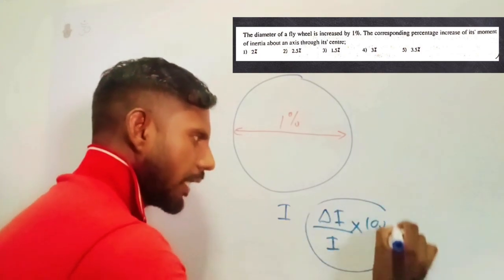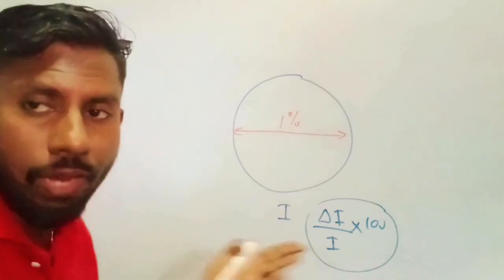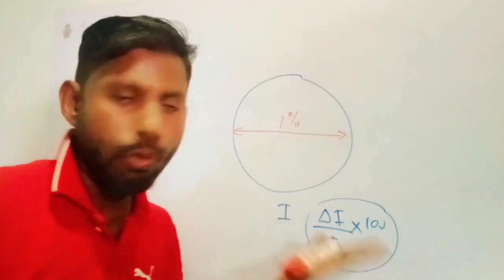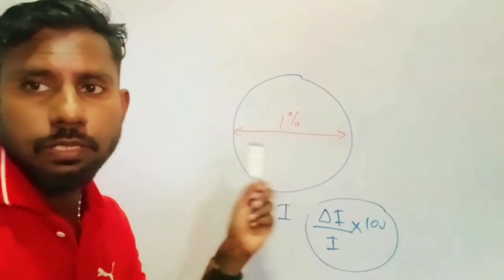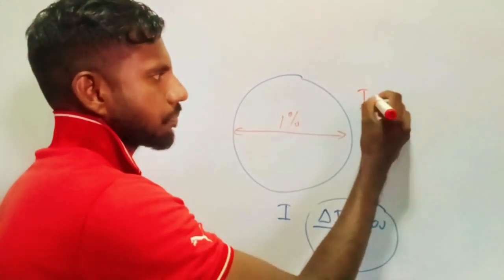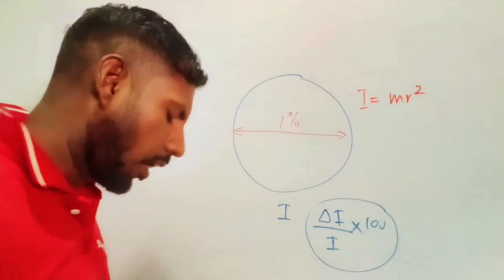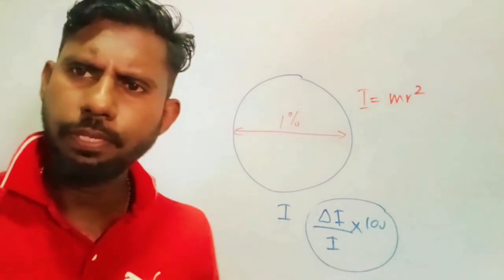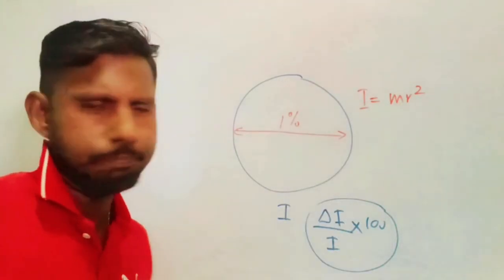So before getting the answer, you should know the question. So this is the question: find delta I over I into 100. Right. Diameter is increased by 1%. What's the equation for I? It's m r squared, right? It could be half m r squared. It could be some other value, but still I is proportional to r squared.